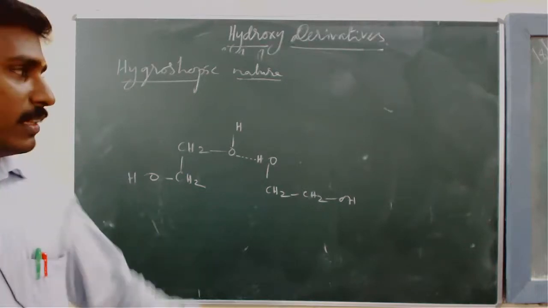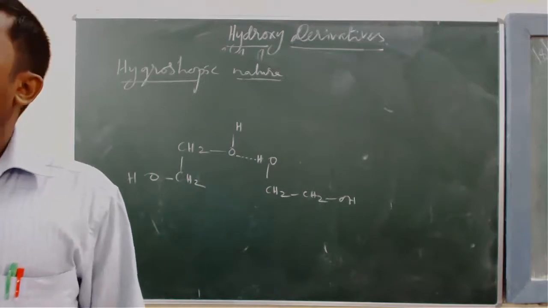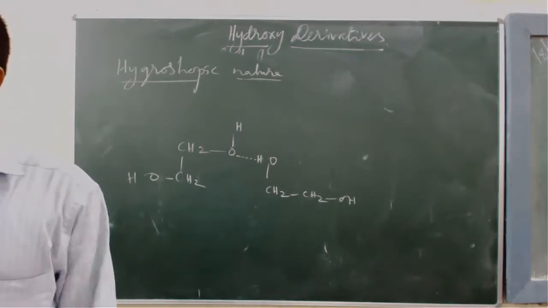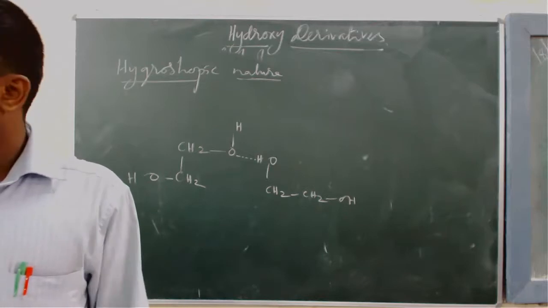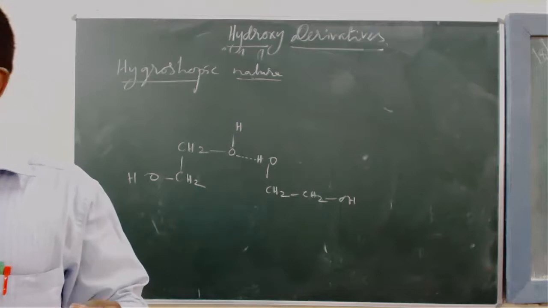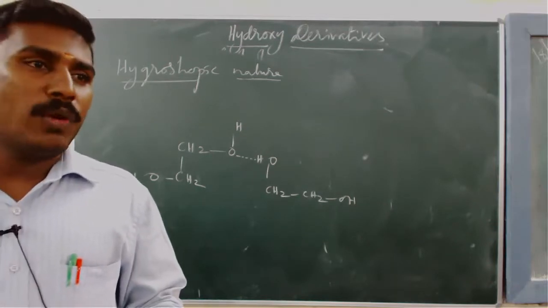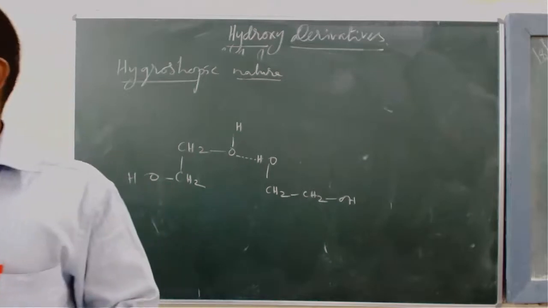Okay. So in ethylene glycol, when you add some amount of water or alcohol, it is easily soluble because water and alcohol form a hydrogen bond. Water, HOH, forms easily intermolecular hydrogen bond. Alcohol, ROH, forms very easily hydrogen bond.